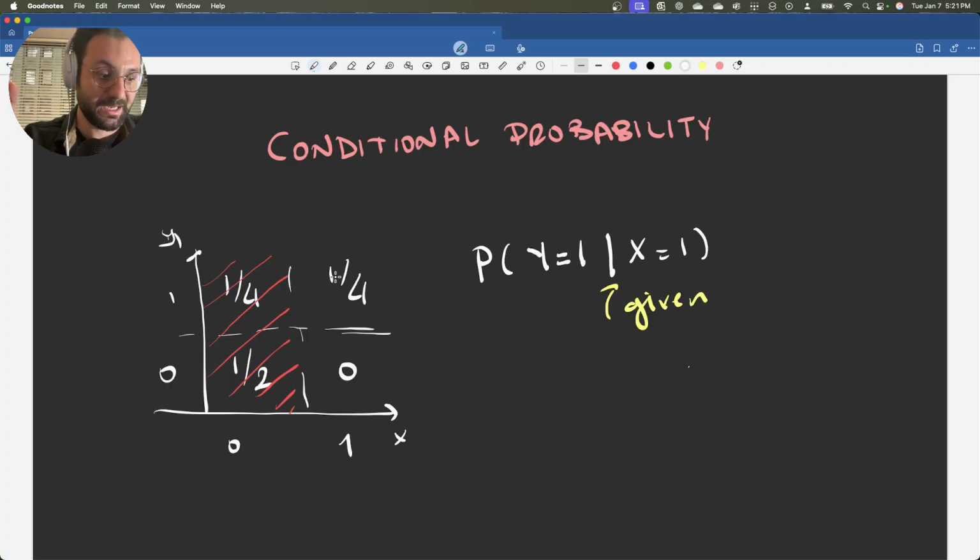So I can have 1/4 of probability that y is also 1, and 0 probability that y is 0 when I know x is equal to 1.